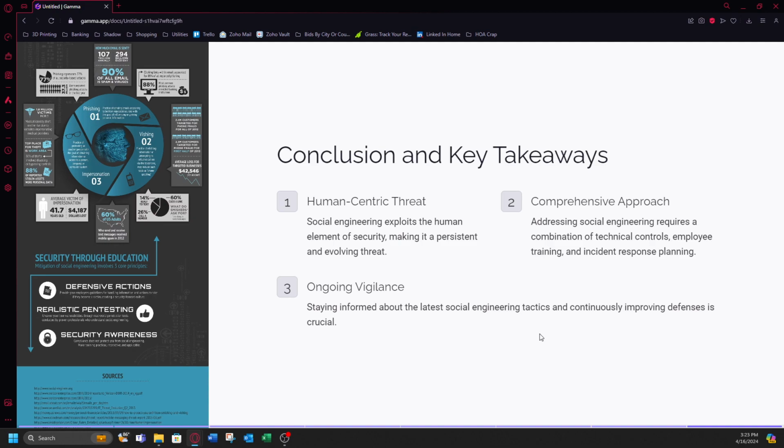Comprehensive approach is number two. Addressing social engineering requires a combination of technical controls, which somebody like me would do. Implementing a password policy, implementing some network controls on what sites you can and cannot access, putting some type of advanced threat protection in the email situation at the tenant.